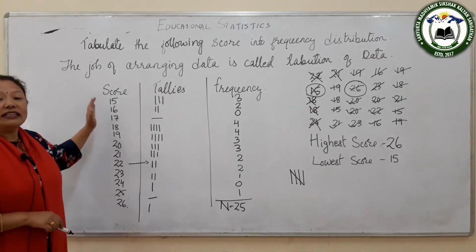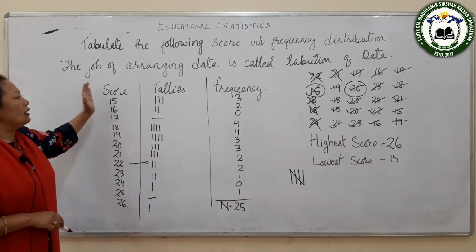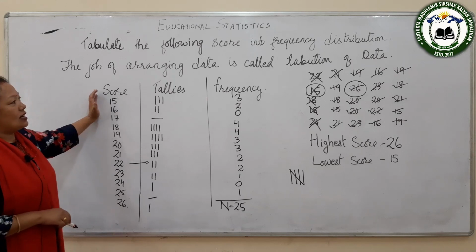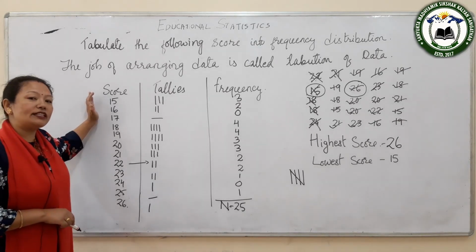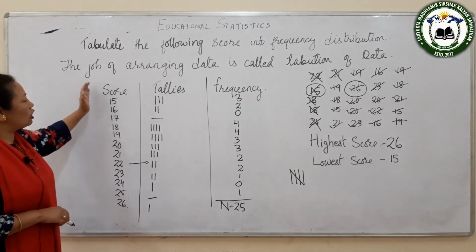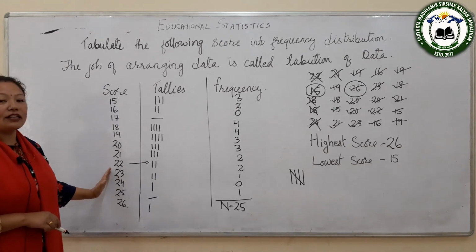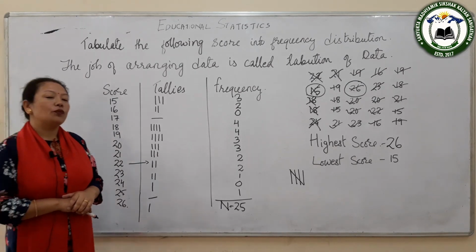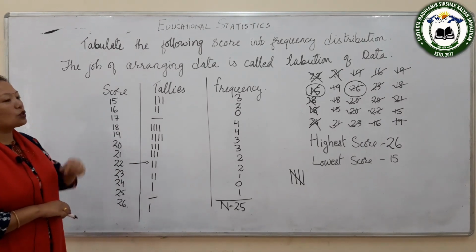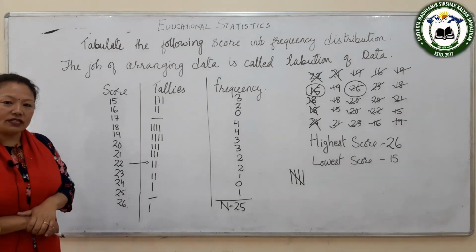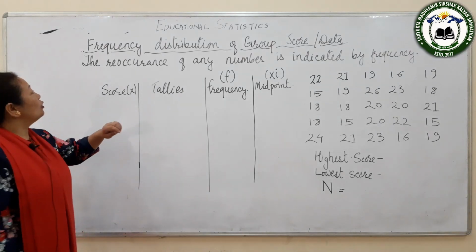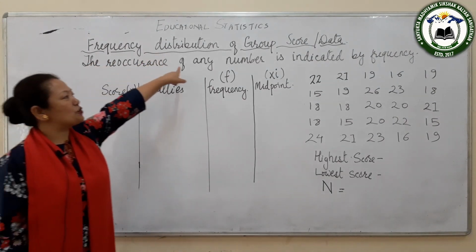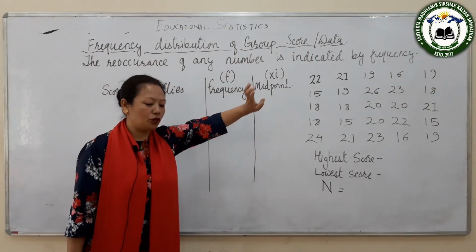Now children, this is the arrangement of the data in an isolated score. We are following these numbers in an isolated manner. Another thing we have to do is arrange this score in a group distribution. Now we'll start with the frequency distribution of the group score.